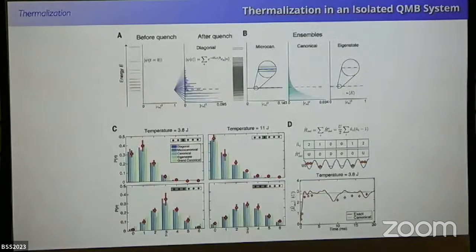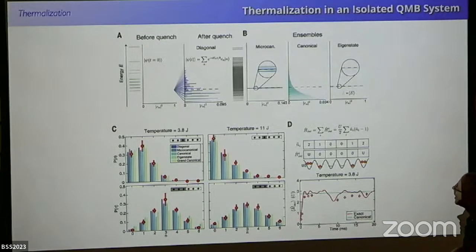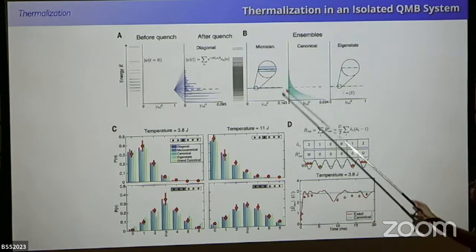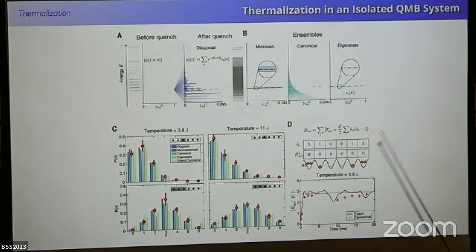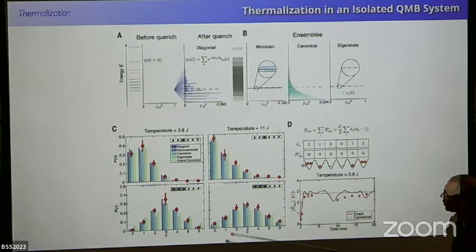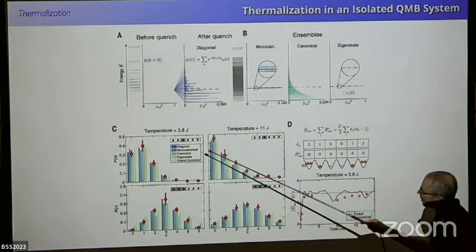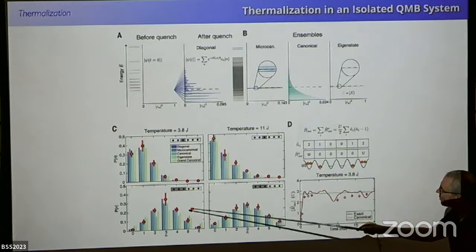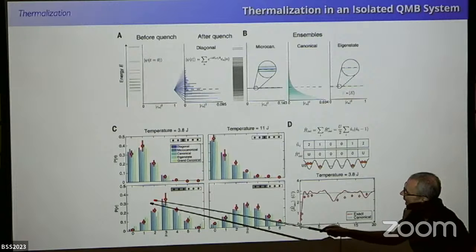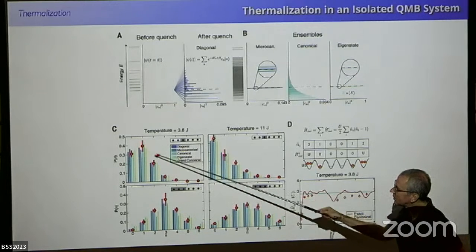And now we can also compare to these different canonical ensembles. We have different statistical ensembles, microcanonical, canonical, grand canonical, for example, and we can look at the probability distribution of different subsystems, 1 site, 3 sites, and see how that compares with the different statistical ensembles.